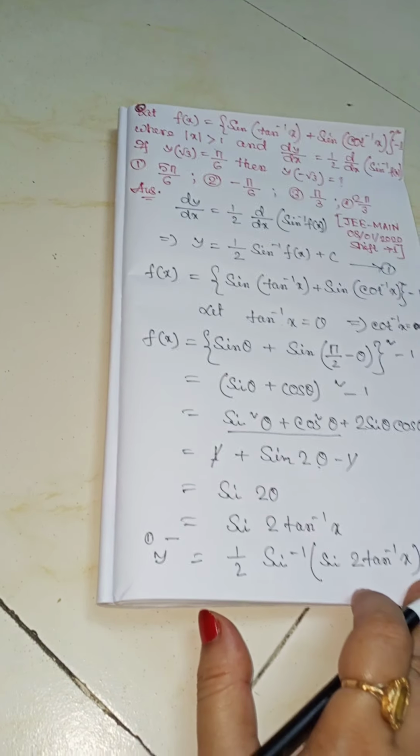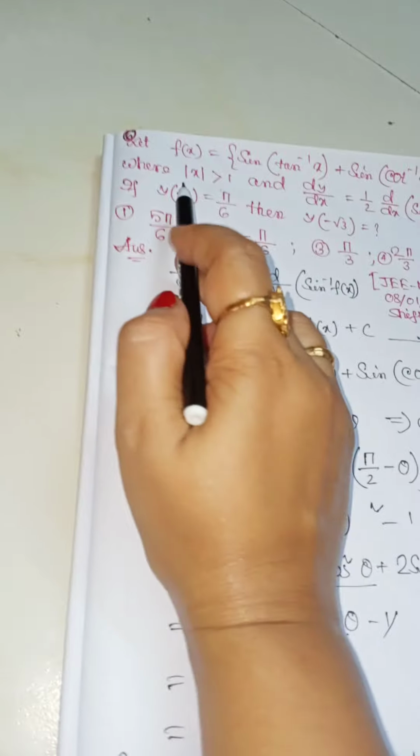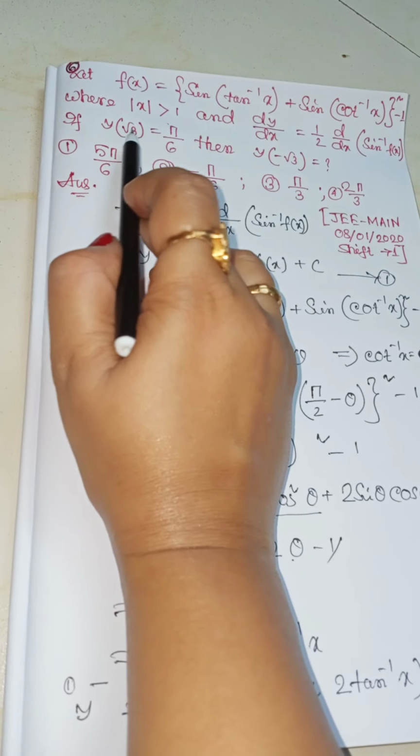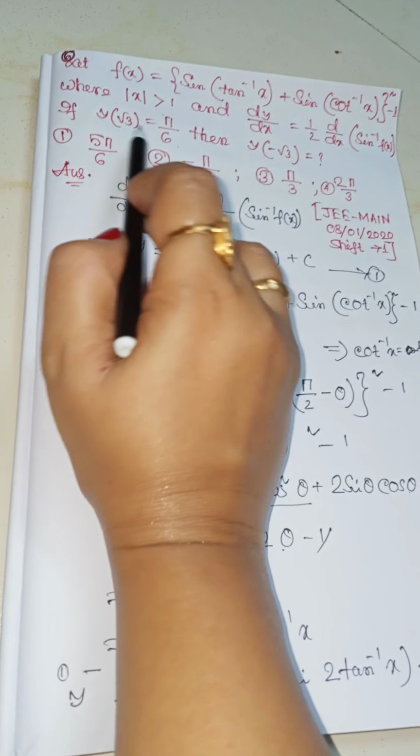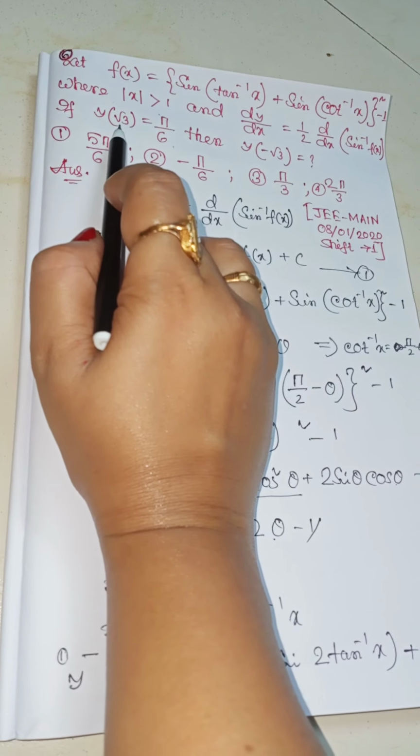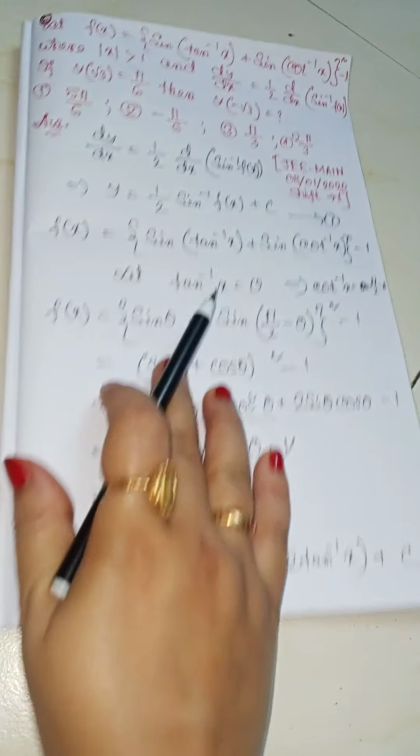This is y. Now it is given that y(√3) = π/6, that means if x = √3, then y = π/6.